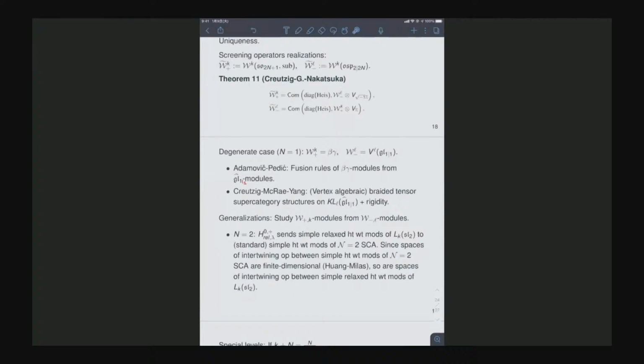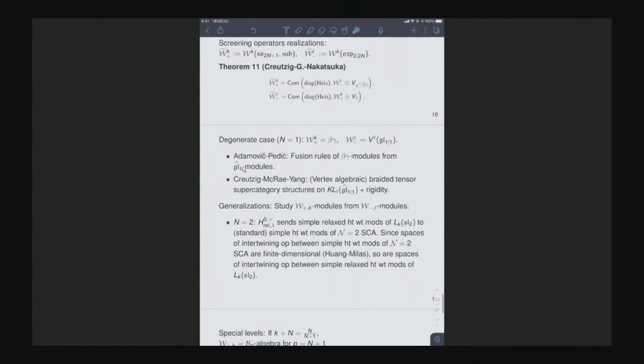And also we can expect generalizations. I mean, the super module structure is relatively easy as W plus modules, and we expect this strategy. For example, if you consider the n equal 2 case, we consider the relative semi-infinite cohomology functor.